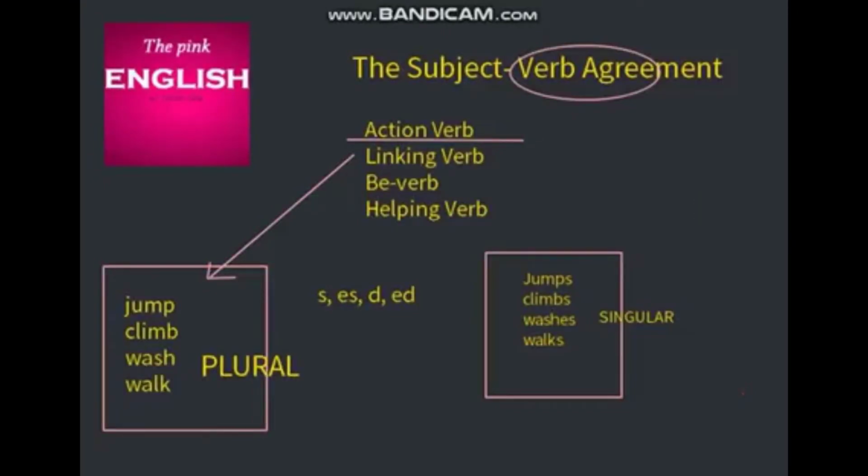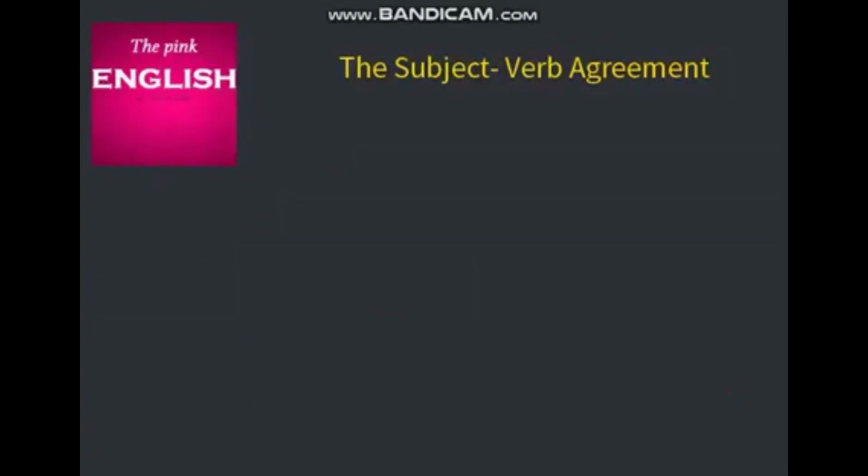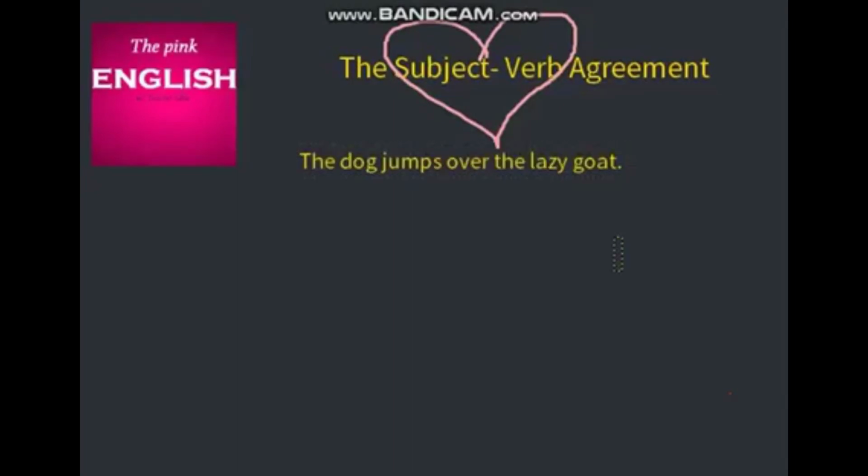Now that everything is clear about the subject and the verb, let us now focus on the SVA rule. Remember that the subject must agree with the verb and vice versa. Now let's take a look at this example. The dog jumps over the lazy goat. Can you tell me what the subject is?